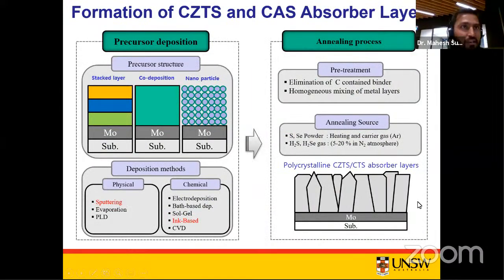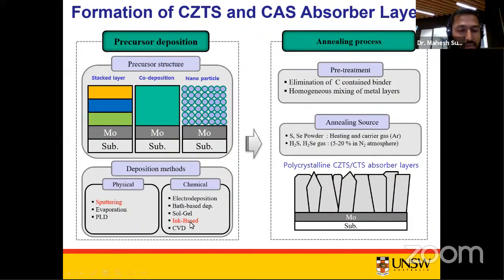So how can we fabricate these CZTSSe or copper antimony compounds using different deposition techniques? This slide shows the schematic presentation of the fabrication process of the CZTSSe as well as the copper antimony sulfide compounds. Of course, these both compounds share similar properties, so the fabrication methods used are quite similar to each other, such as sputtering, evaporation, PLD, electrodeposition, chemical deposition, sol gel, and ink-based methods. My group is mainly working with these sputtering-based methods as well as these ink-based methods.